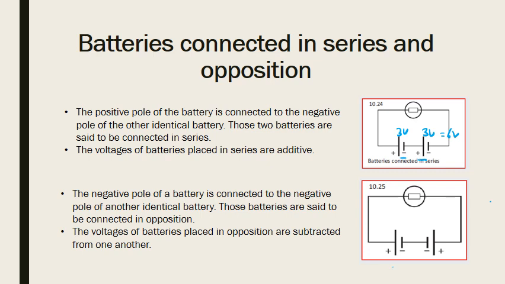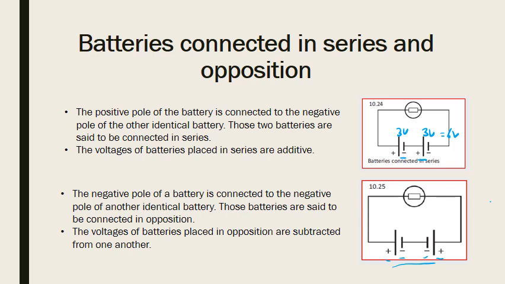However, here, when the negative pole of a battery is connected to the negative pole of another identical battery, so as you can see it's positive, negative, negative, positive, those batteries are said to be connected in opposition. This is an opposition.